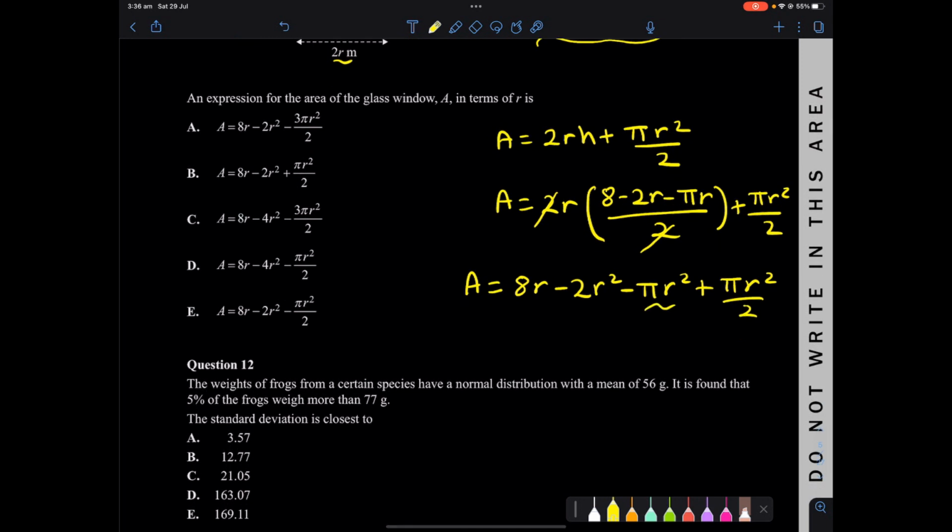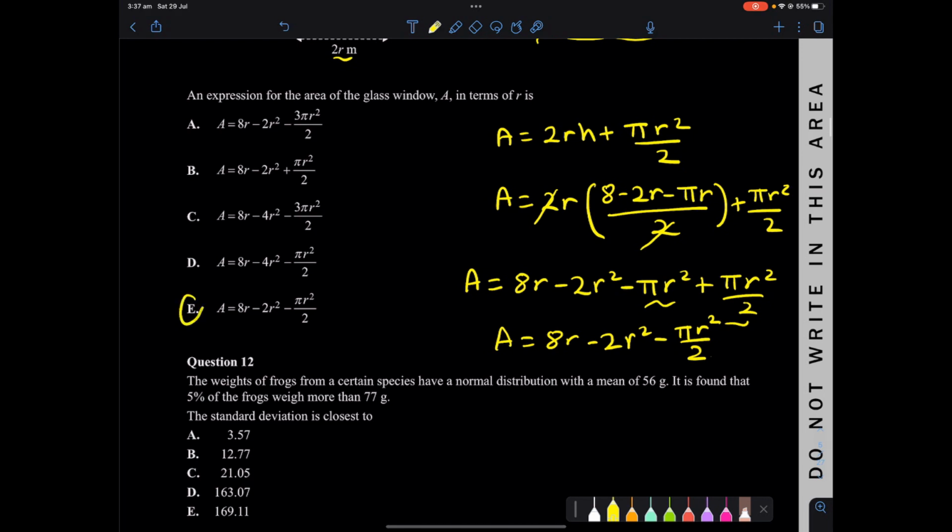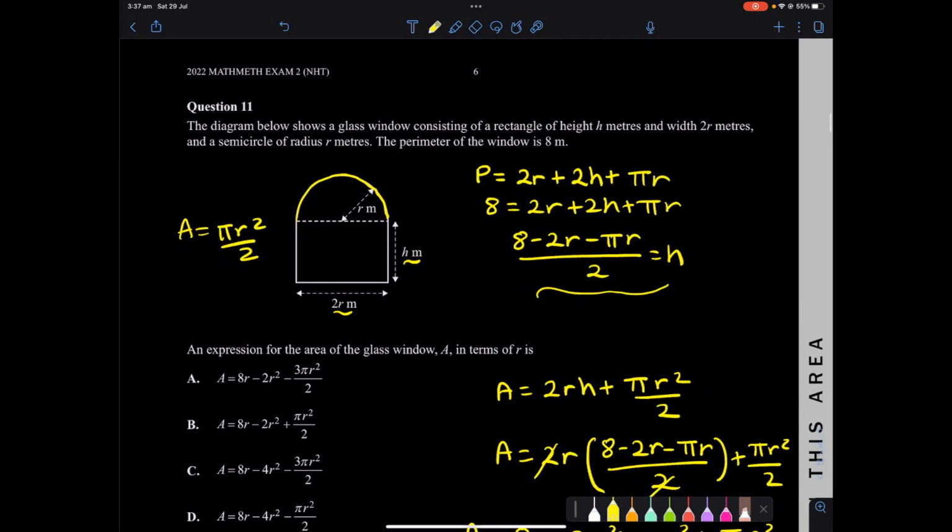Pi r squared terms are common, so we simplify: minus 1 plus a half, which is negative pi r squared over 2. Which one would give us the answer? 8r minus 2r squared minus pi r squared over 2. Looks like E is your answer for question 11.